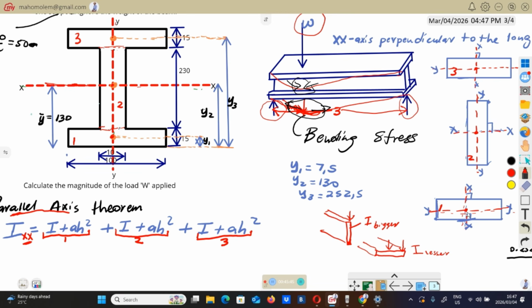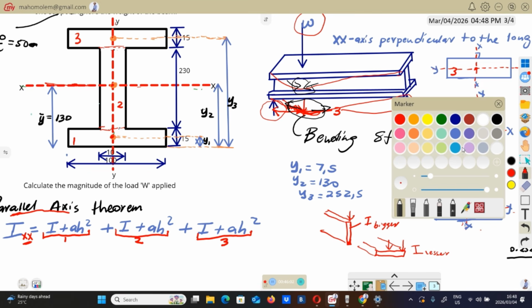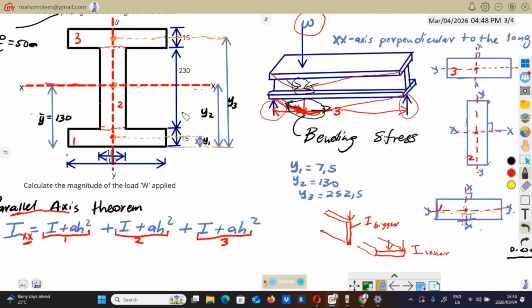So you will go to profile number 1, which is this one. You will check, between this vertical axis and this horizontal axis, the one parallel to this XX. I said this XX is our reference. Between this vertical line and horizontal line, we need the one that will be parallel to this red XX line.